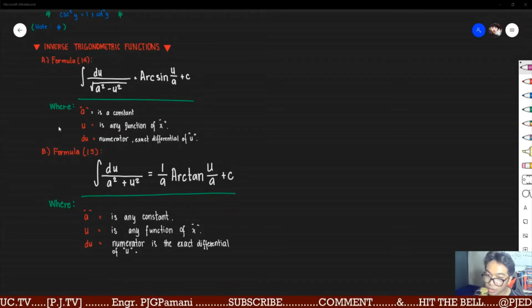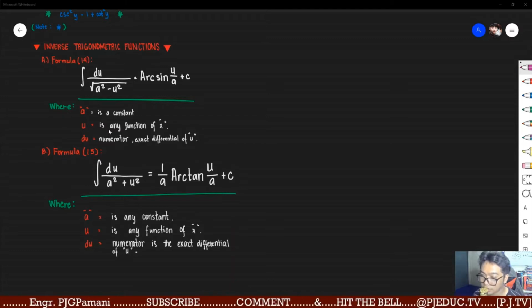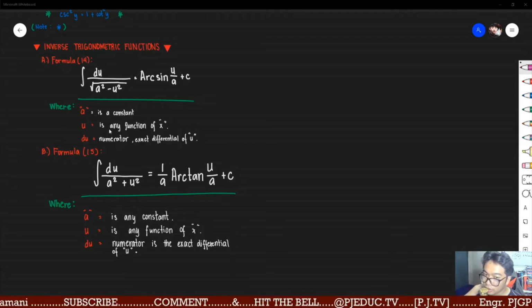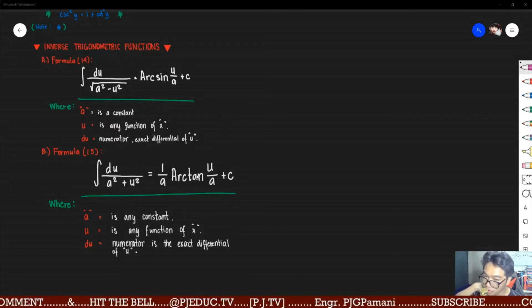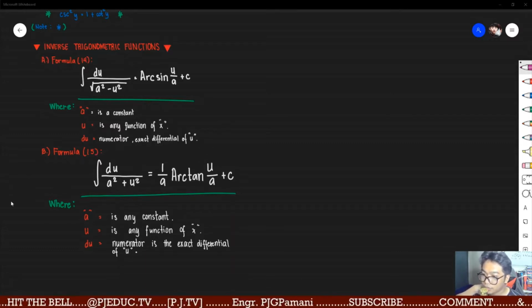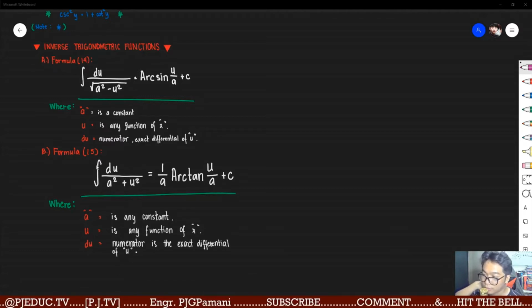Again, a is your constant, u is our function of x, and du is our numerator, which is now an exact differential of function u.